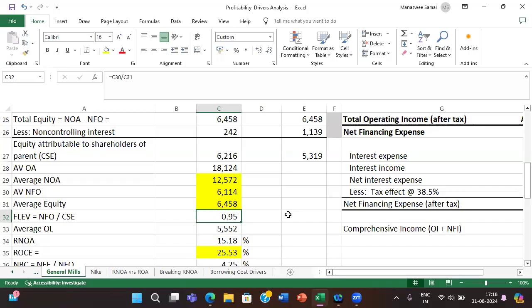And I think the median figure they have given for thousands of listed companies across industries is somewhere, I'm not able to recall the exact number, maybe 0.75 or so. It's pretty low. And when you have a company with 0.95, it is sufficiently leveraged. That's the point I wanted to drive home. Okay, so that is the calculation which we did just now.